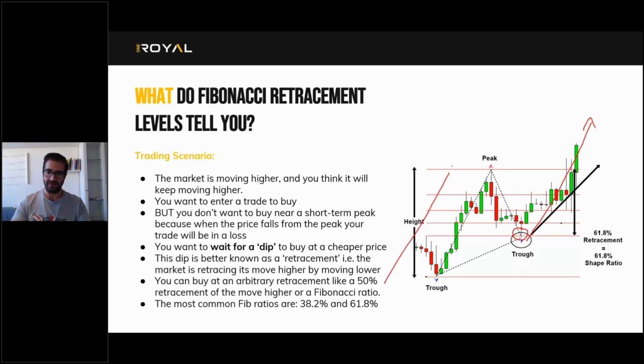If we have an uptrend and you would like to know where this small correction will end, we will use Fibonacci retracement up to 61.8, the golden ratio we talked about, and then most probably the market will continue after this level.